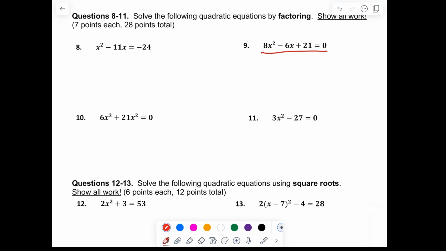So here I have a quadratic equation. All these are quadratic equations. What I want you to notice is that there is only an x. There's only a single variable in this.